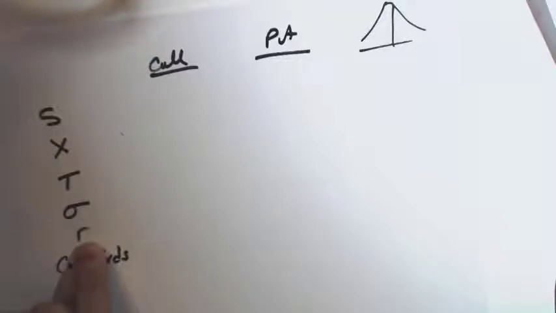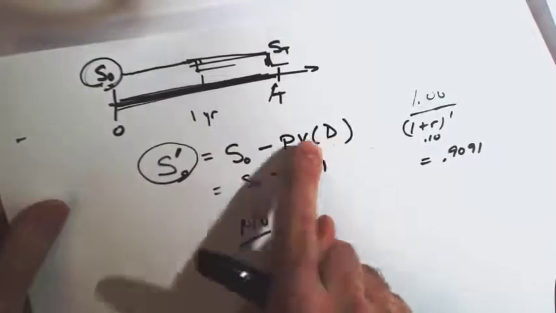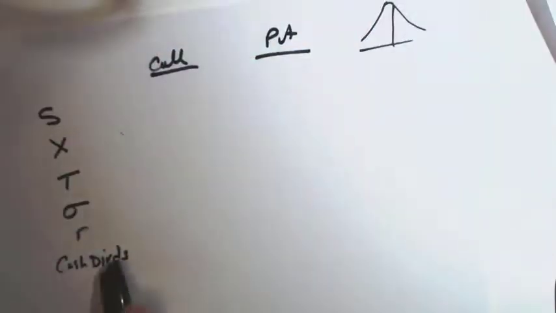All else being equal. The only thing that violates the all else being equal idea is dividends, because when you change the dividend, it changes the stock price. Remember this guy right here? You change the dividend, you change the stock price. So two things change at the same time. And so I'll address that when we get there.